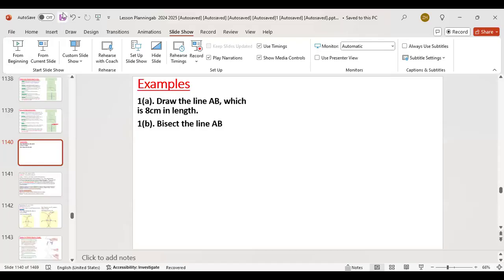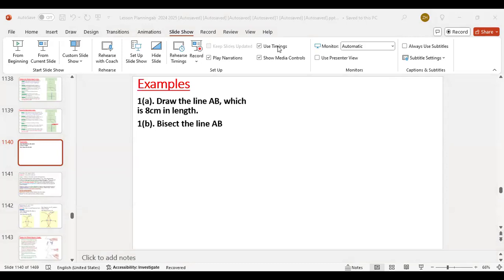I'm going to use the software, but you do it inside of your book. Or you could use the software too. But if you have a geometry set, definitely do it in your book. If you do not want to use the software, you could just freehand it in your book as well if you don't have a geometry set. But let me go ahead and put the software in the chat that we could use.